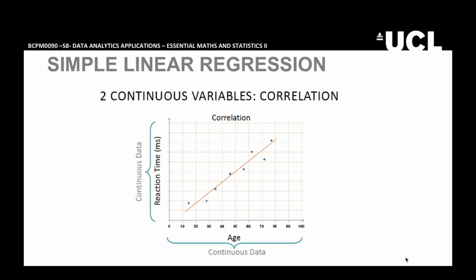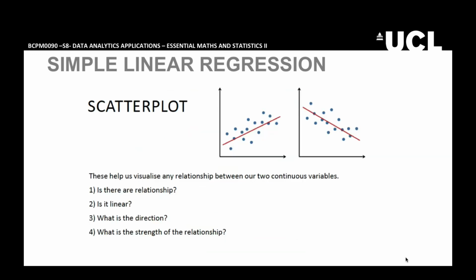Here you can see a very simple example about correlation between age and reaction time. Obviously here we have a direct relation. The bigger the age, the bigger the reaction time. As I say, the scatter plot will help us to visualize any relationship between our two continuous variables.